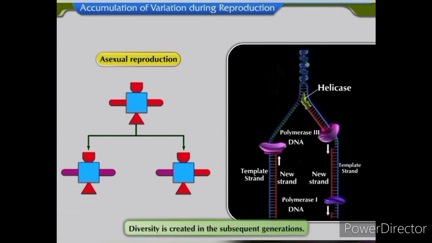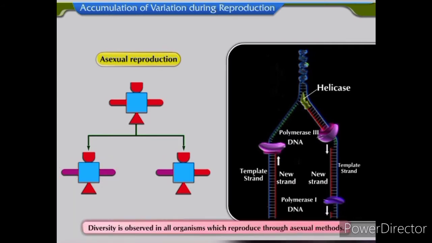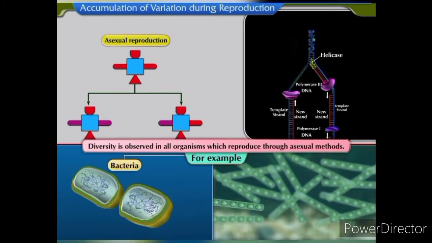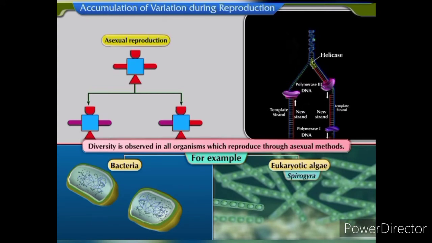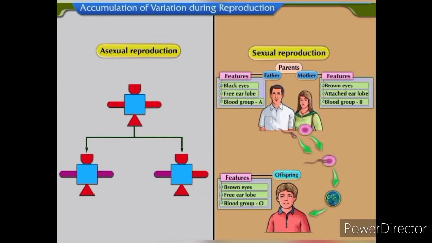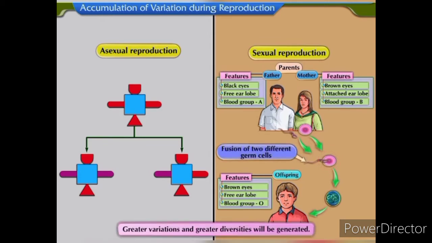In this way, diversity is created in the subsequent generations. This is observed in all organisms which reproduce through asexual methods. For example, bacteria and eukaryotic algae. In contrast to these, sexual reproduction involves fusion of 2 different germ cells. Thus, greater variations and hence greater diversities will be generated.